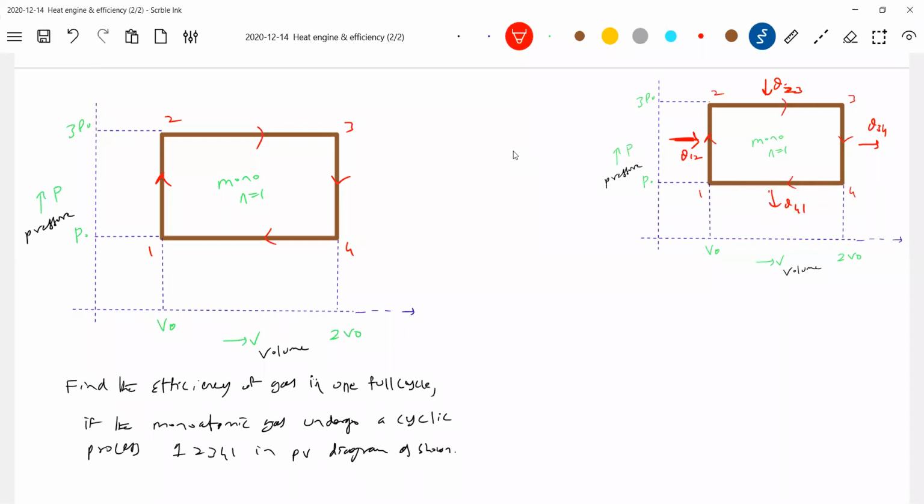Some basic idea like this. So what are the things? First we'll go for net work done. Net work done is the area under the PV graph, because with the PV graph this will be much easier. Net work done equals area in PV diagram.